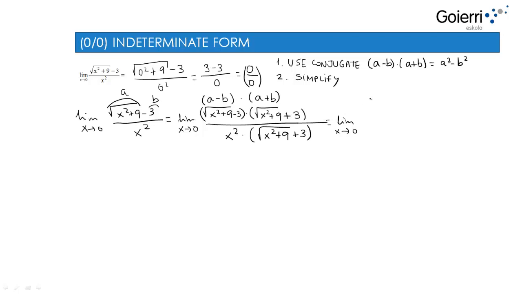Now I know in advance that here I will have a squared minus b squared. So my a term is the square root of x squared plus 9, all squared, minus 3 squared, since b is 3. And the bottom is the same.